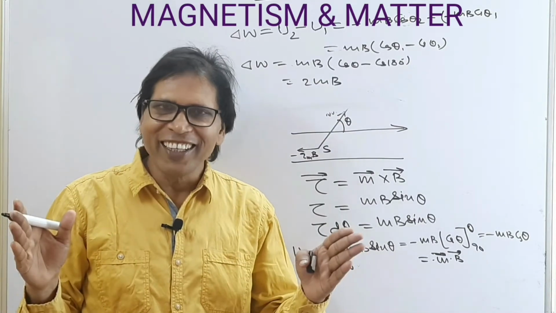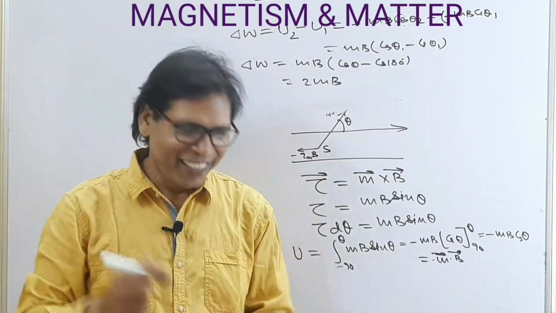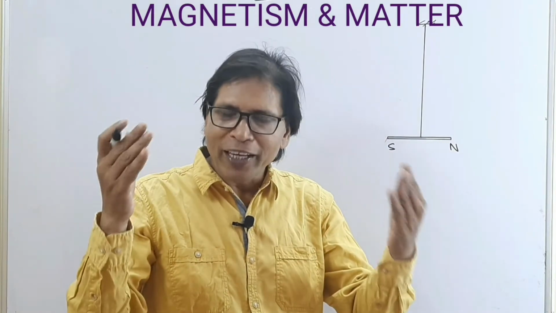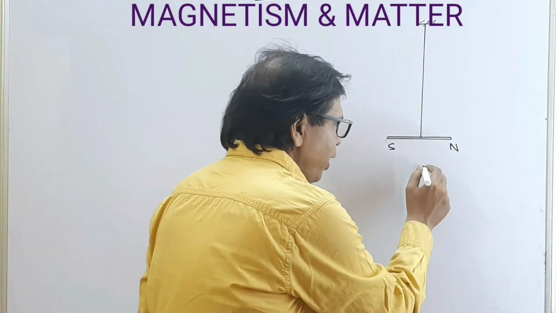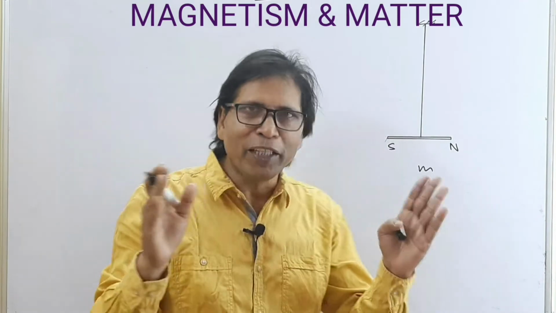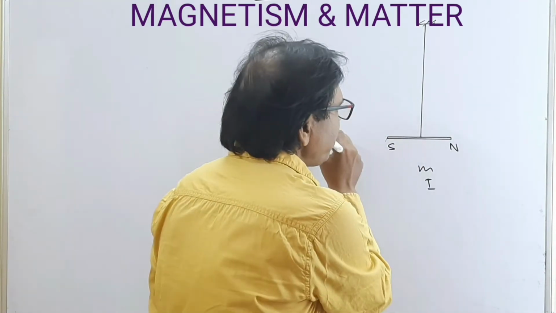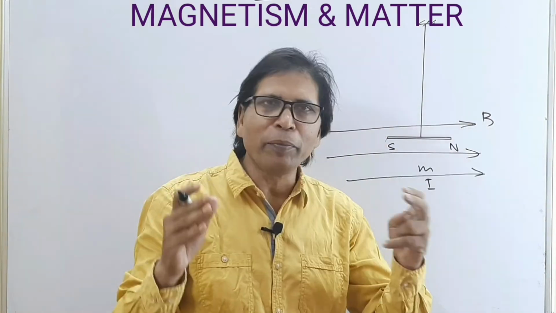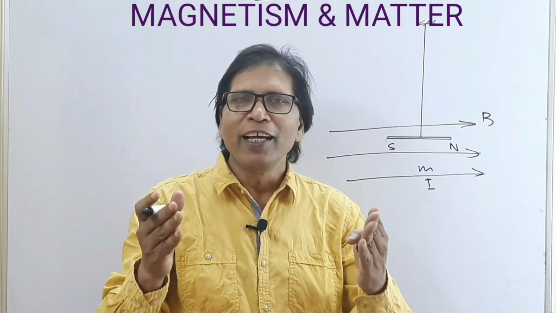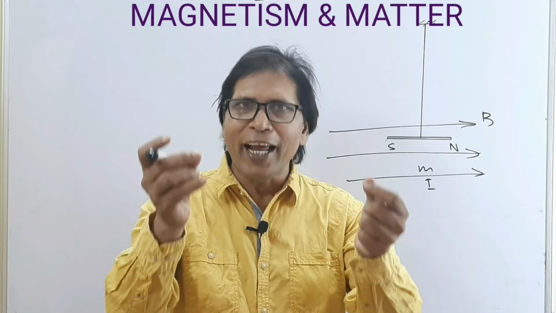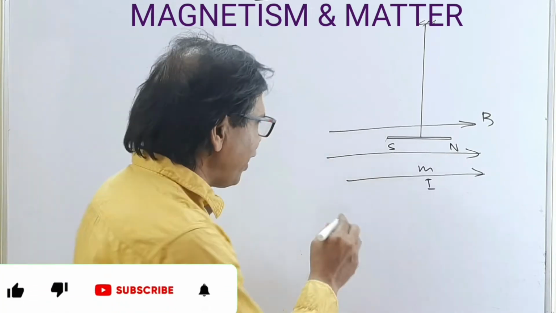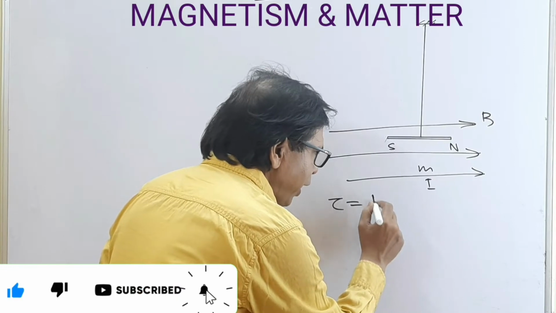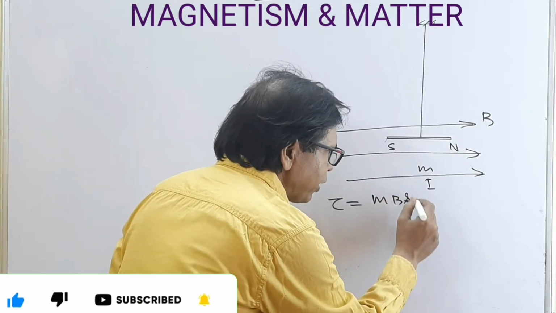Understood? Now next. A magnet of magnetic moment m is suspended by means of a string. It is placed in a uniform magnetic field B vector. The magnetic dipole is turned through a small angle theta, then the torque experienced by the magnet is mB sin theta.